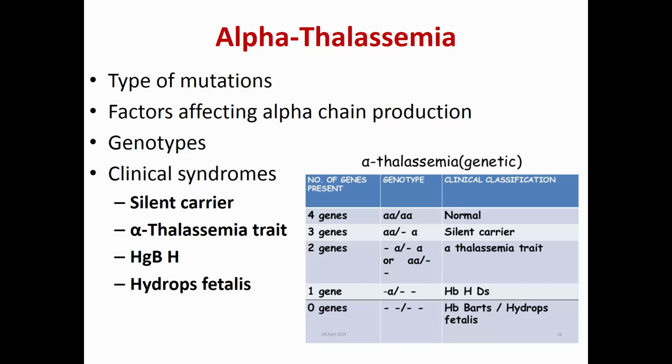You have to know what they're giving to the patient. Hydroxyurea increases the expression of fetal hemoglobin by increasing the production of the gamma chain.